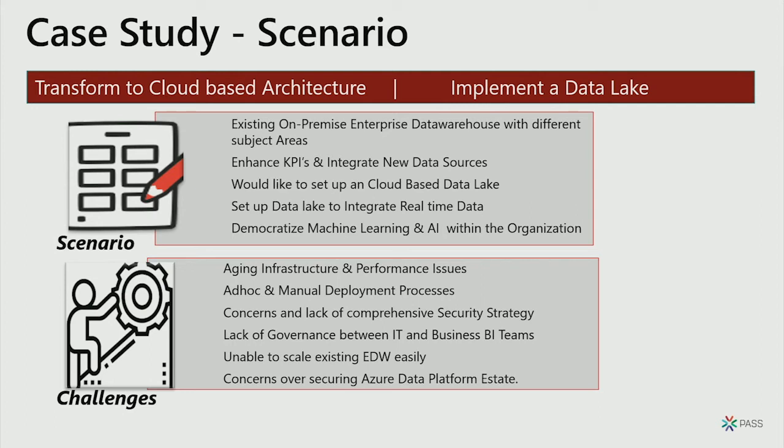They are looking at a cloud-based data lake because they have some capacity limitations with their current on-premise architecture. They also want to democratize machine learning and AI within their organization. From a challenge perspective, their build or DevOps process is very weak, and they have some storage and infrastructure challenges with respect to scaling their databases. That's the reason they're looking at a cloud-based architecture.